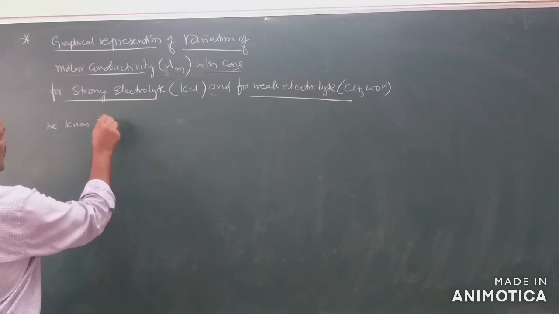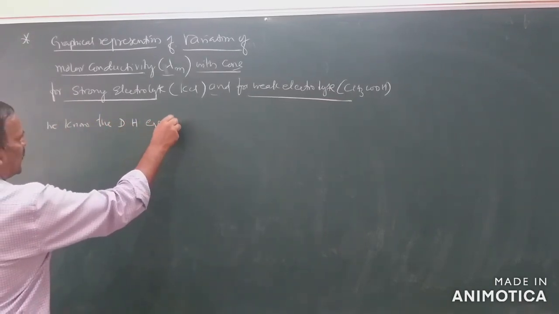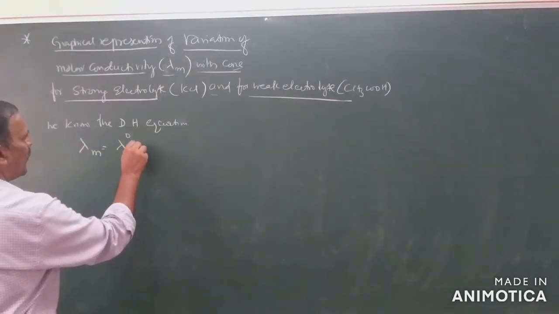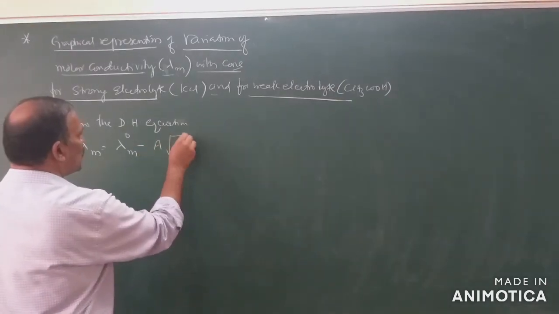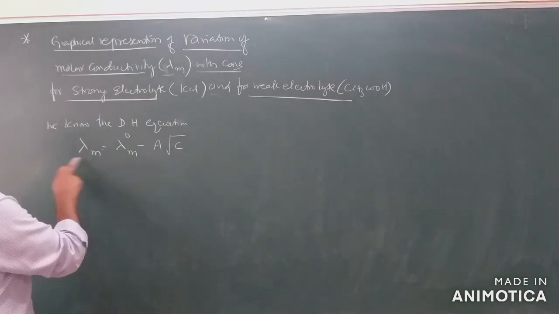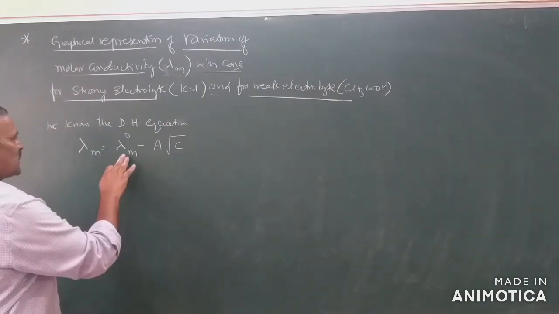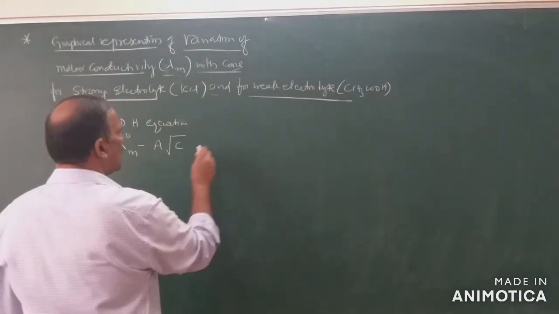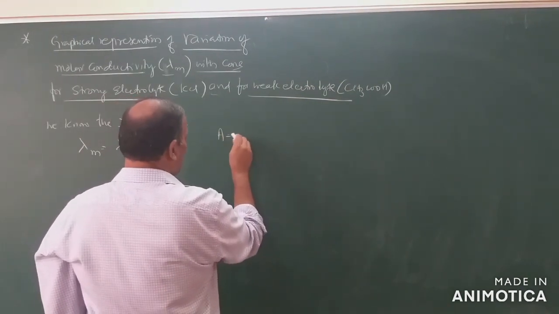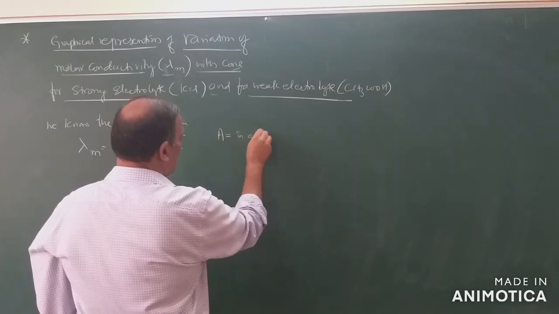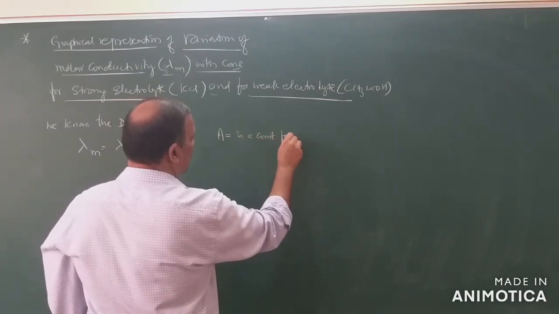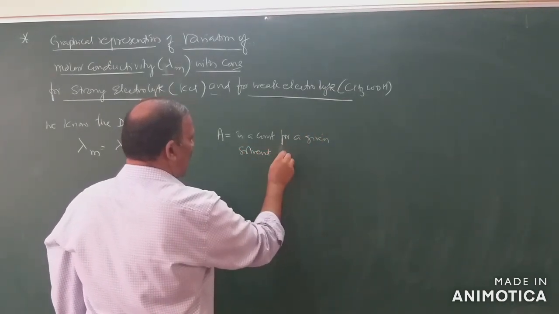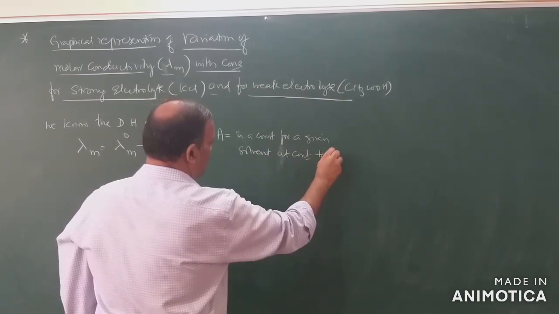We know the Debye-Huckel equation: lambda m equals lambda m0 minus A into root C. So here lambda m is molar conductivity, lambda m0 is molar conductivity at infinite dilution and C is the molar concentration, and A is a constant for a given solvent at constant temperature.